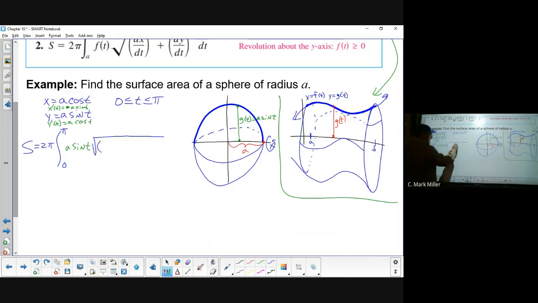So in here I have minus a sine t, a cosine t.